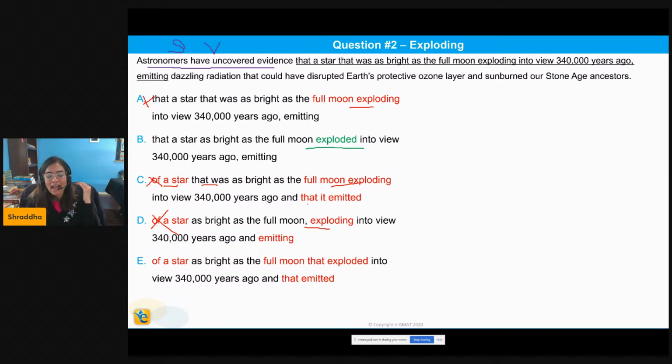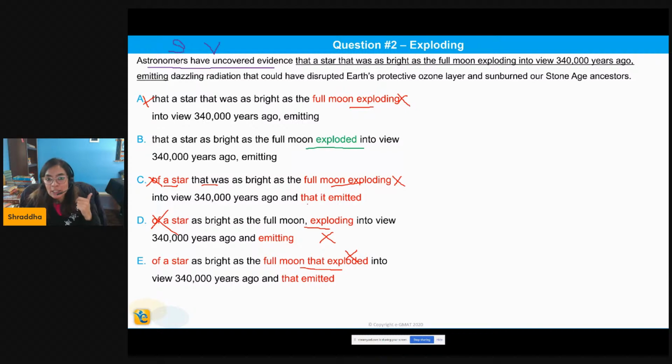And when I have this meaning based approach in my hand, I'll tell you, you understand full moon exploding, incorrect meaning, you reject it. Exploding and emitting, talking about astronomers, absolutely wrong. Full moon that exploded, absolutely wrong.